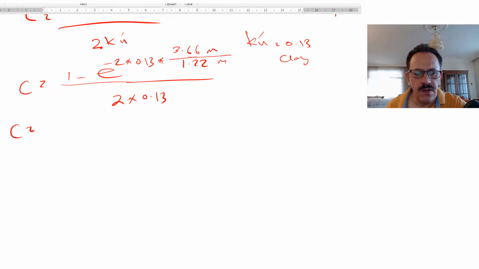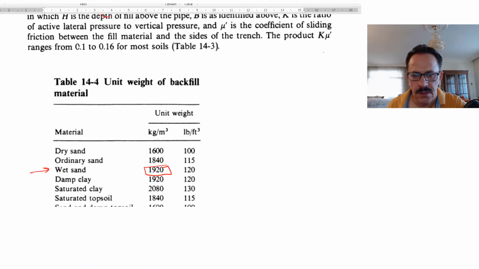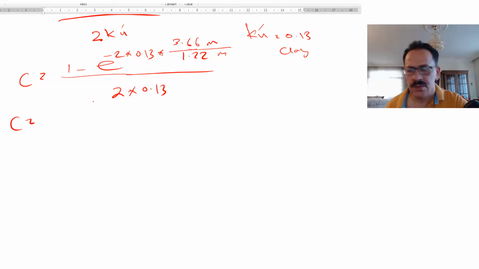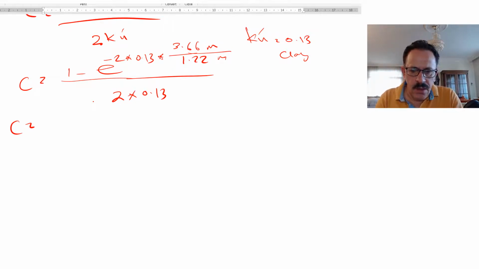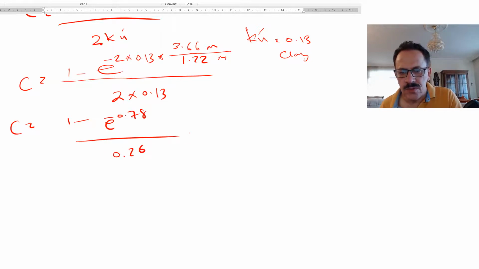In this way I can say the value of C will be equal to 2 times 0.13 times 3.66 divided by 1.22, and then it's 0.78, so it's equal to 1 minus exponential of minus 0.78, divided by 0.26, so the result is equal to 2.083.